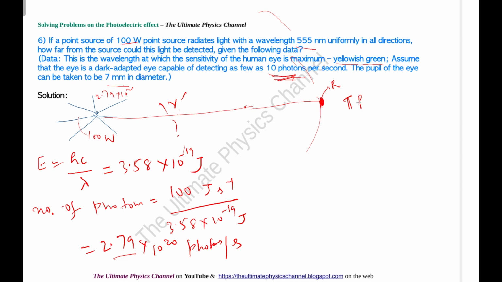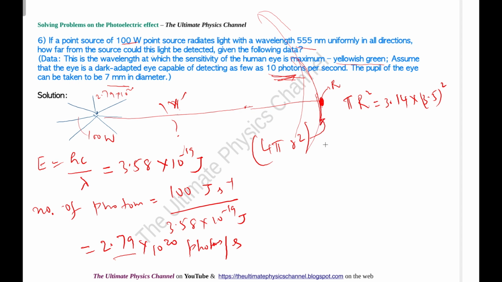That is 3.5 mm. So let's take pi to be about 3.14 times 3.5 square. Right. And this large sphere of radius small r has a surface area where it hits the eye. The surface area of the sphere is 4 pi small r square.